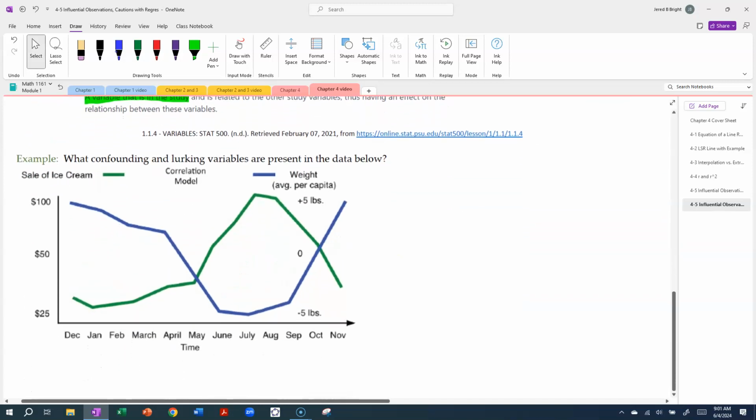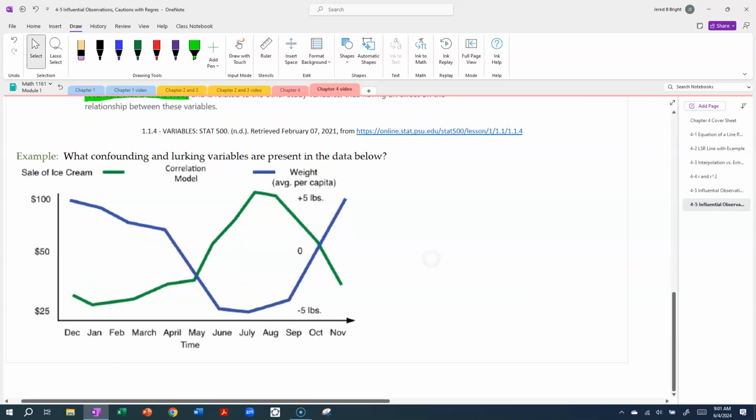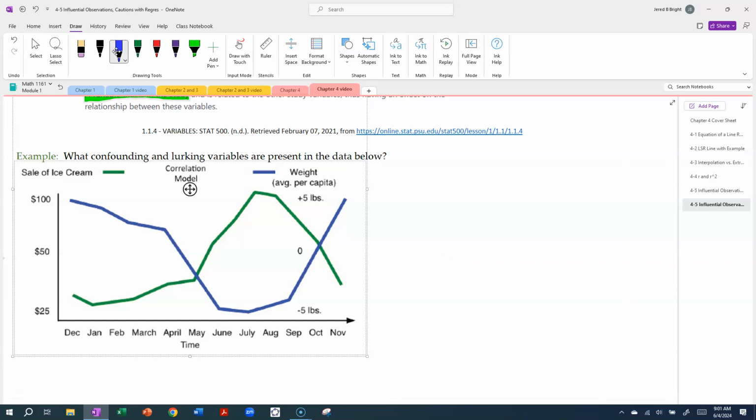So then here we're looking at this example. In this study they're looking at weight, that's the blue line, and then sale of ice cream. And we're wondering, what could be lurking variables here and what could be confounding variables? Lurking variables: what could impact sale of ice cream and weight?